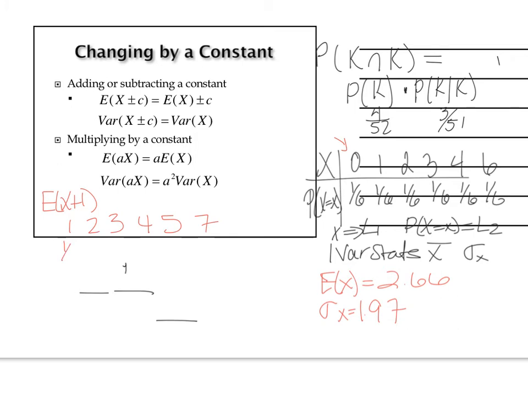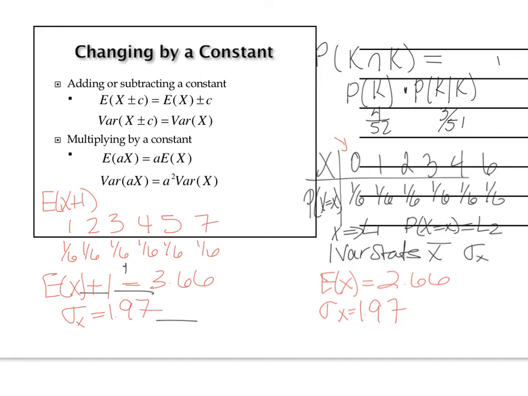Does that change my probabilities? No, it's still 1/6. And I can recalculate that expected value, and it should be the expected value plus 1, 3.66. But my standard deviation is going to be the same.